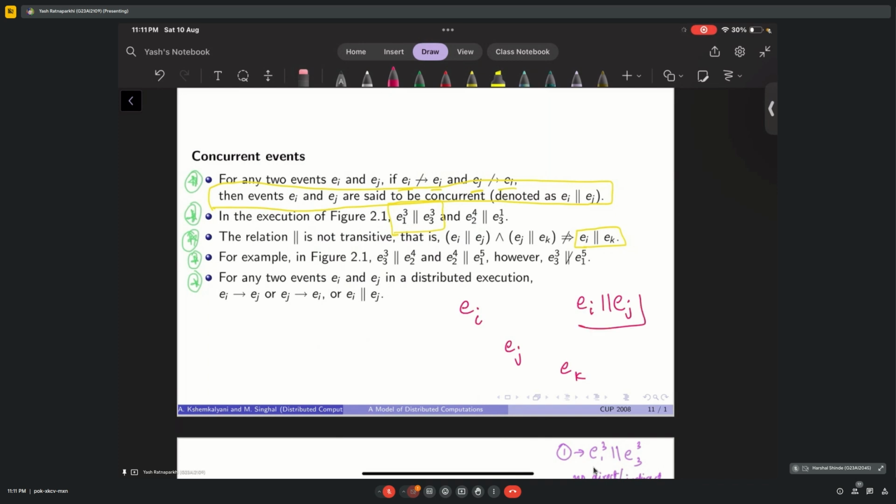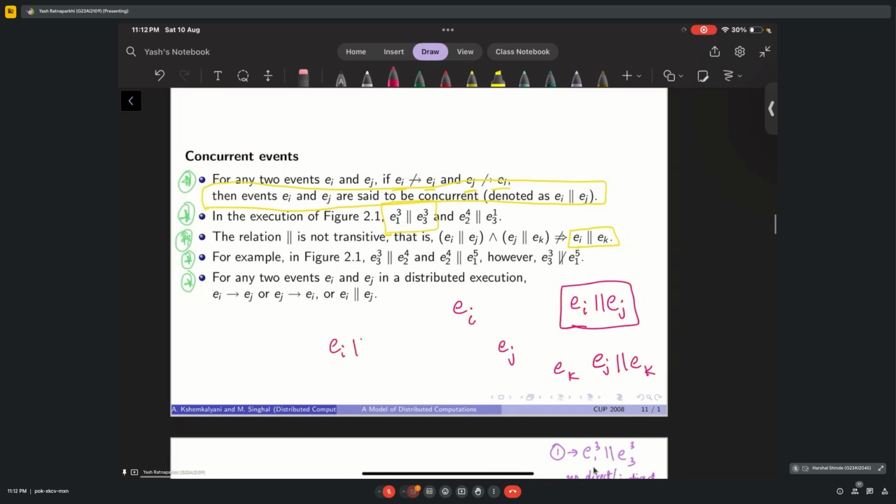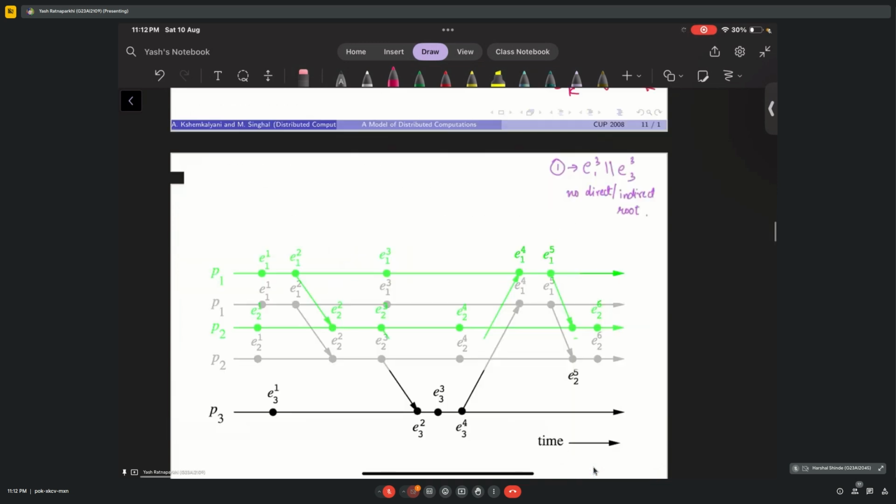So if EI is concurrent to EJ and EJ is concurrent to EK, then traditionally what comes to mind is that EI is concurrent to EK, right? This is the basic thought, but in this case this does not happen. That's what is written here: that does not say EI is concurrent to EK. Let's explain this using the example.